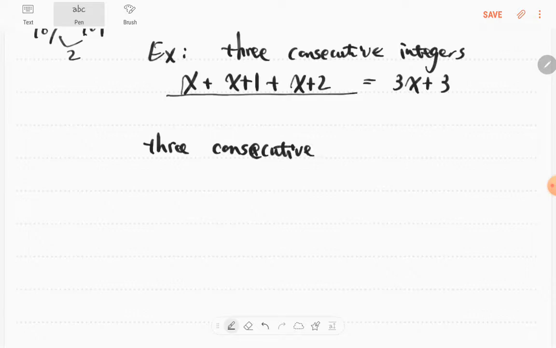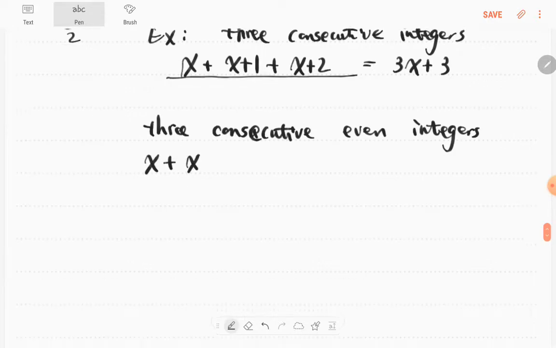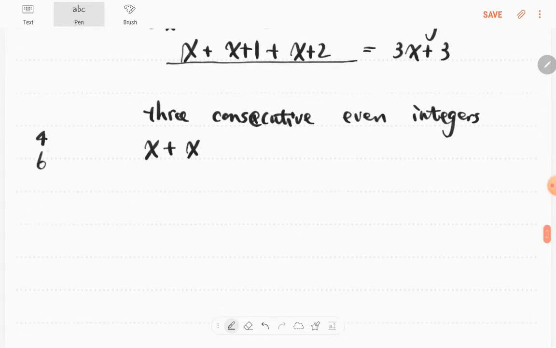But if it's 3 consecutive even integers this time, the first one will be x. Then how about the second one? Let's check consecutive even numbers, 4 and 6, you see the difference will be 2. Just like 2 consecutive odd numbers, right?